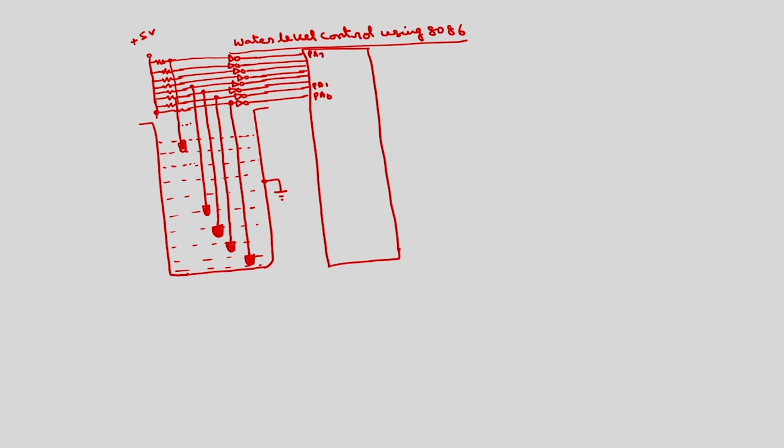This is the minimum change in the level that is required to detect. This should be the same. So, we can display the level as well as control the motor.